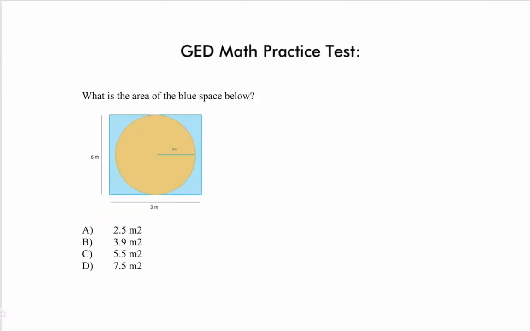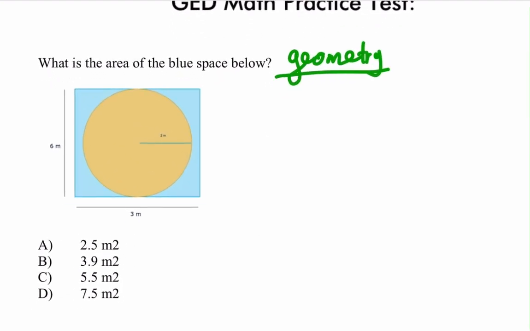And number 3, this one is a geometry topic. So, okay, can I zoom in? What is the area of the blue shaded space below? This is a square, right? If you want to find the shaded area, like the outside, you need to subtract the area of the circle from the area of the square.